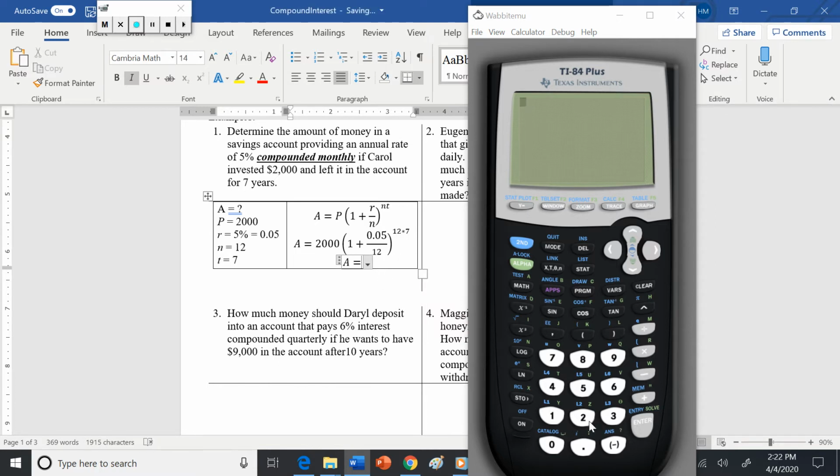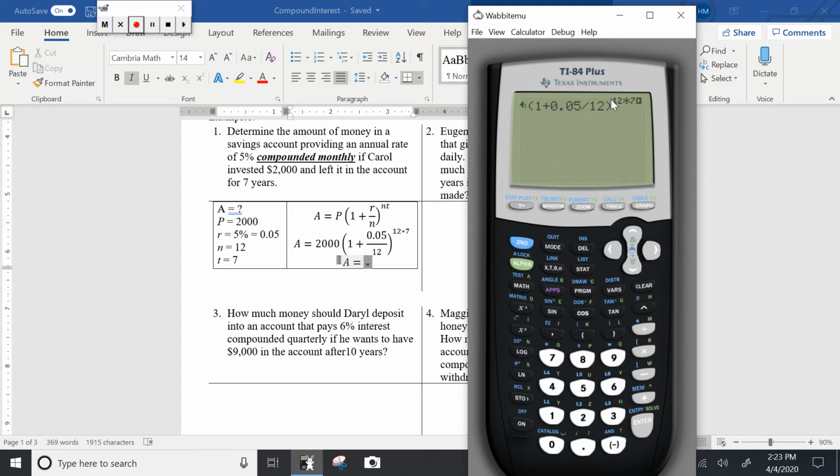I want 2,000 times, in parentheses, 1 plus 0.05 divided by 12, close those parentheses, raised to the power of 12 times 7.